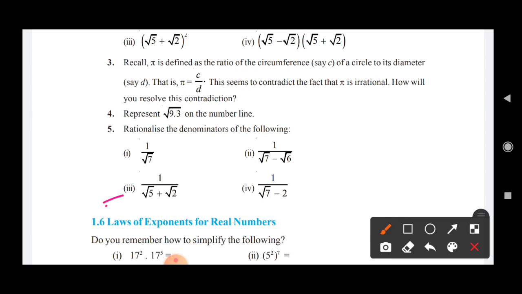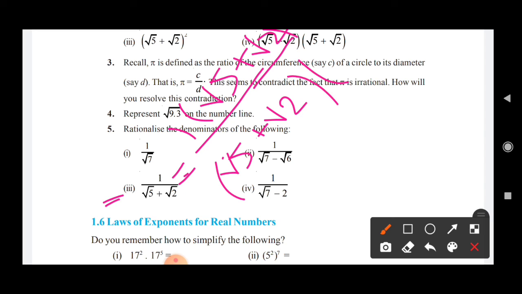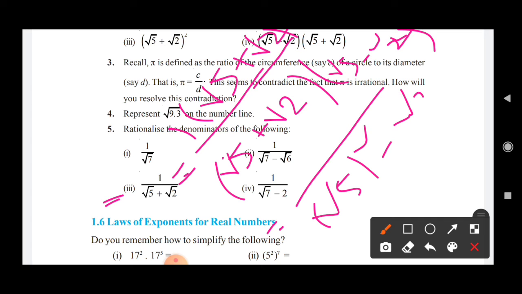Now question number 3, you can see here the same. 1 over root over 5 plus root over 2, and here root over 5 plus root over 2 whole into root over 5 minus root over 2. So if you multiply this, root over 5 whole square minus root over 2 whole square, and the numerator will remain the same.